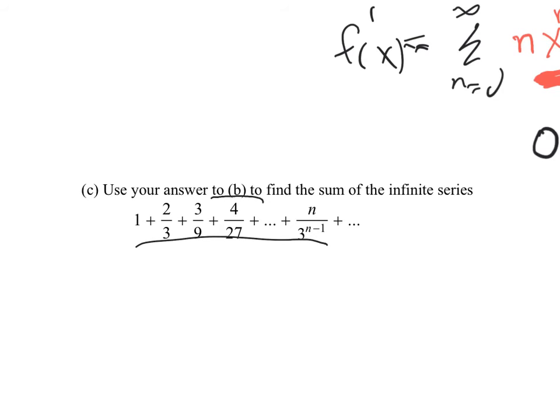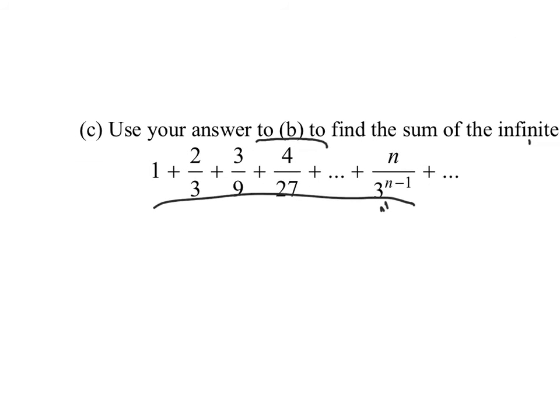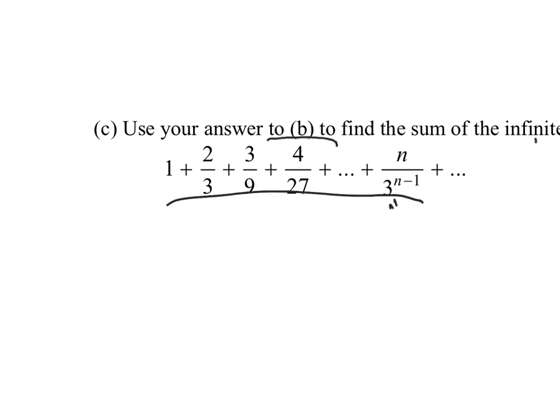And if I wanted to find the sum of this infinite series, I would first check to see if it is geometric. What times 1 is 2/3? 2/3. What times 2/3 is 3/9? Let's see. Well, it's easier to do this. 3/9 divided by 2/3 is 9/18, which is 1/2.